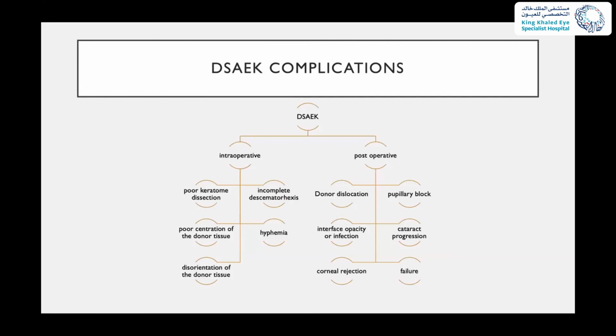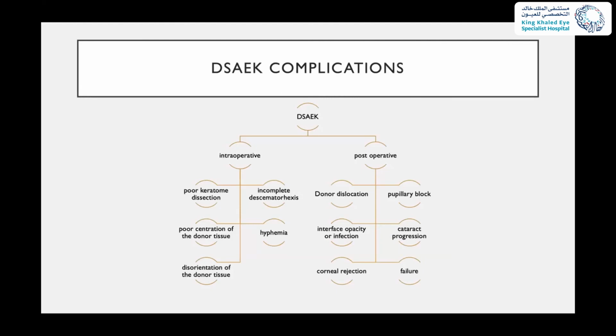As for the post-operative complications, donor dislocation is not uncommon. Actually, it's one of the most common complications post-endothelial keratoplasty. And it varies from 4% with experienced surgeons up to 35% with less experienced surgeons.